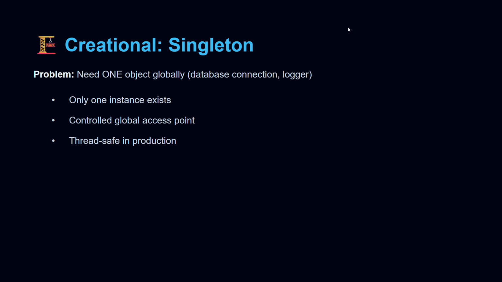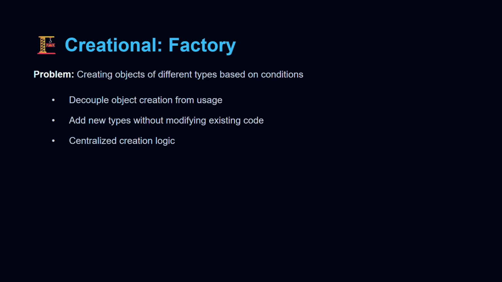And the second one is the creational Factory. In this Factory pattern, we need to create different object types based on conditions, but you don't want to scatter creation logic throughout your code.